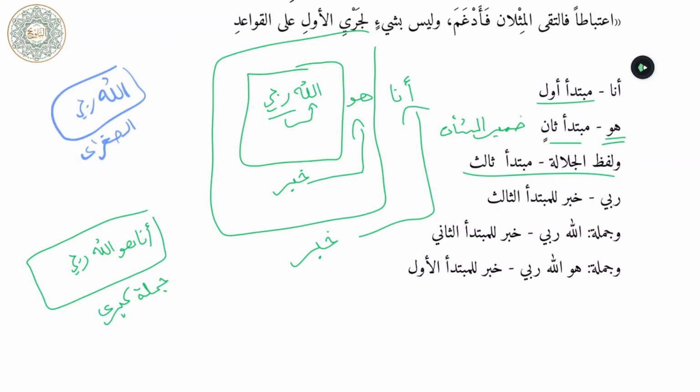And then huwa Allahu Rabbi, the middle structure, would be dhatul wajhain. It is kubra from a perspective. So it's kubra from the perspective of the structure it includes, and it's sughra from the perspective of the larger sentence which it is becoming a part of.